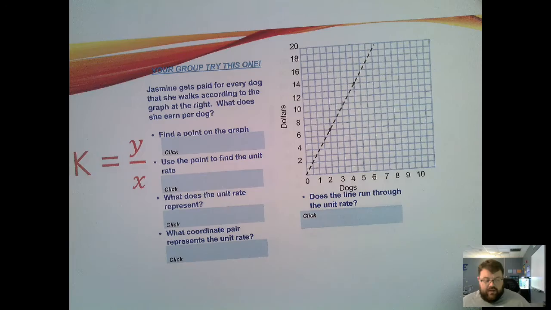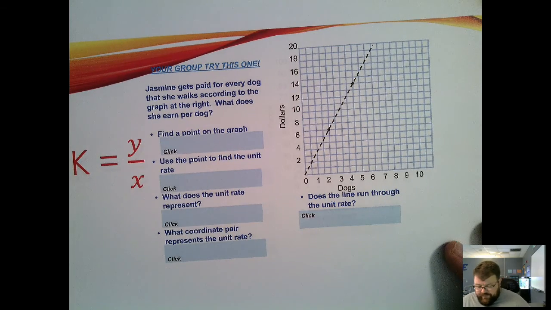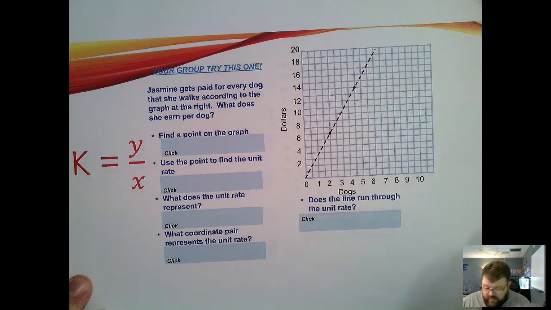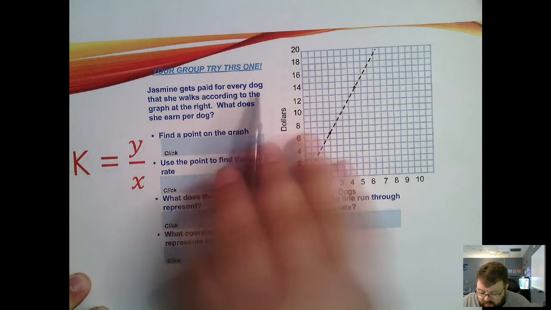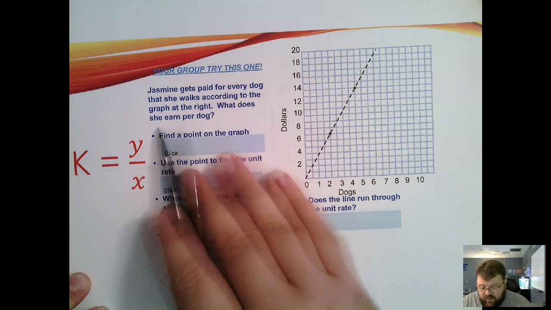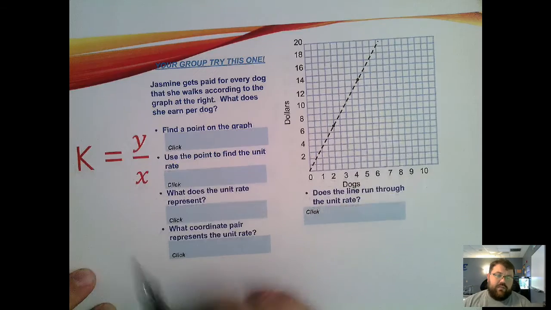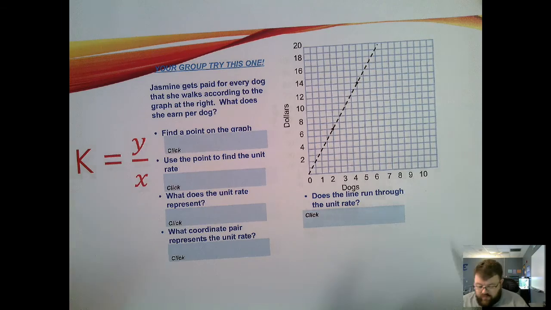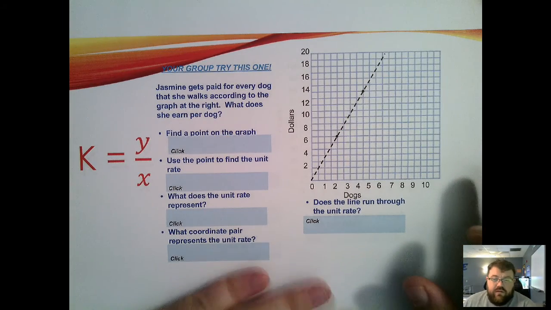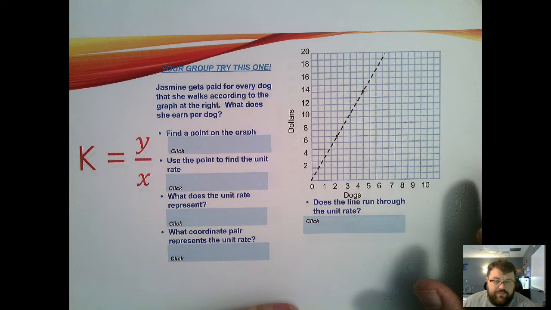All right, let's look at the next one. The next one says that Jazz gets paid for every dog that she walks according to the graph at the right. What does she earn per dog? So what we want to do first is find a point on the graph. I'm going to give this to you simply because it's very difficult for some of you to read.